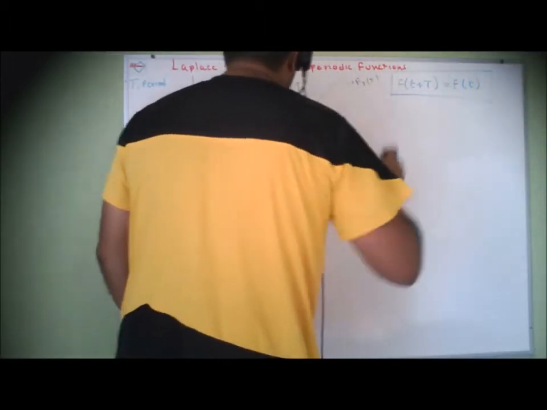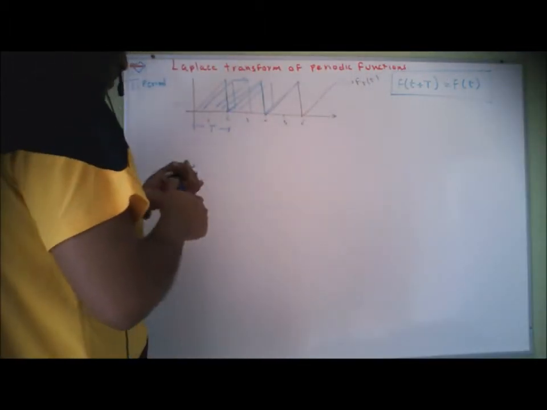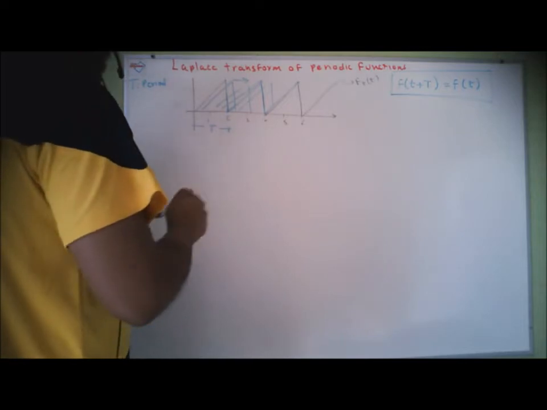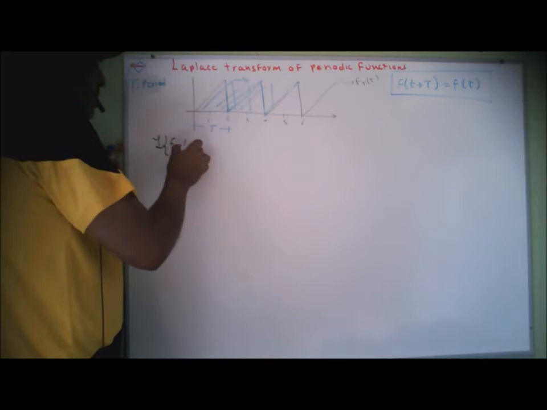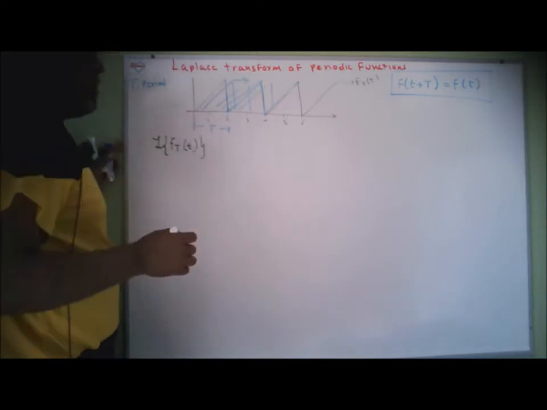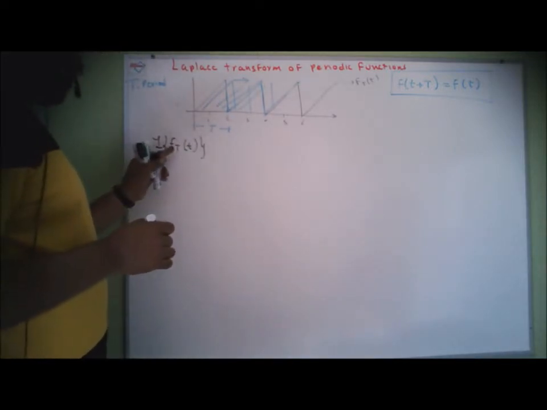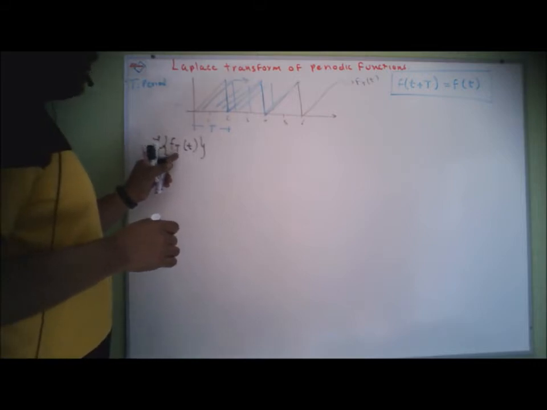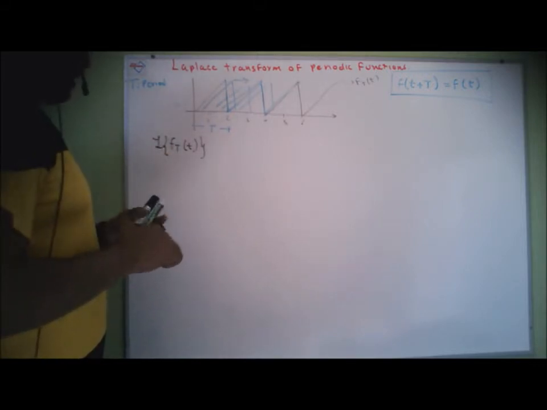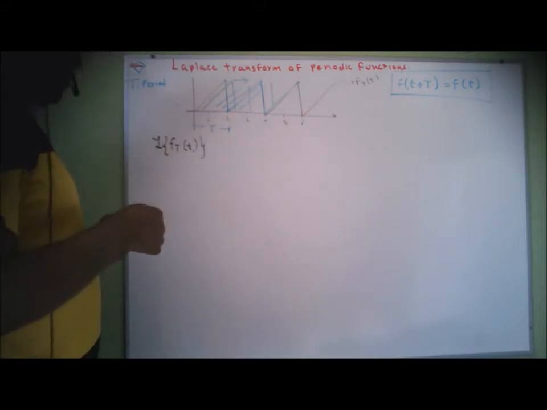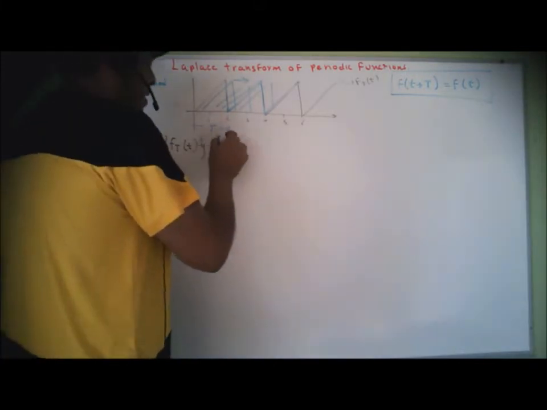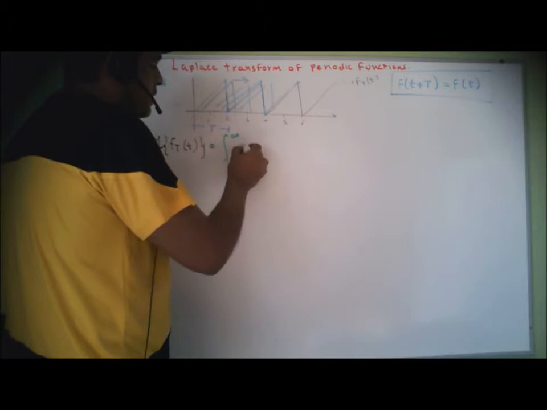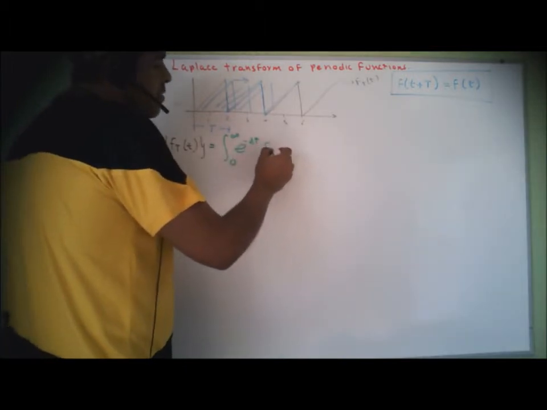Okay, now what we are going to do is try to get the Laplace transform of periodic functions. I usually write the periodic function as f with index capital T. By definition, the Laplace transform is the integral from 0 to infinity of e to the minus st times the periodic function.